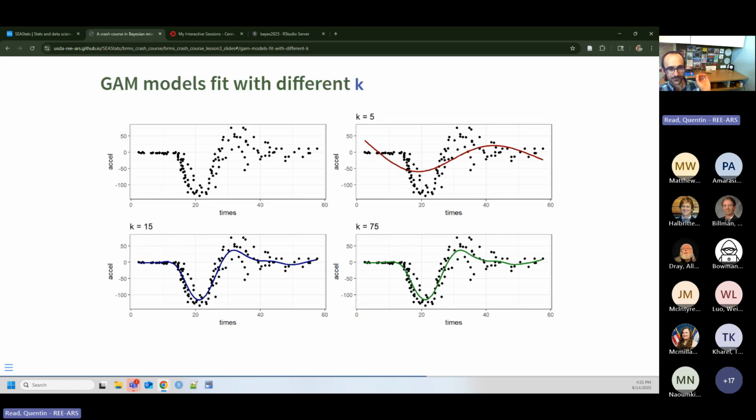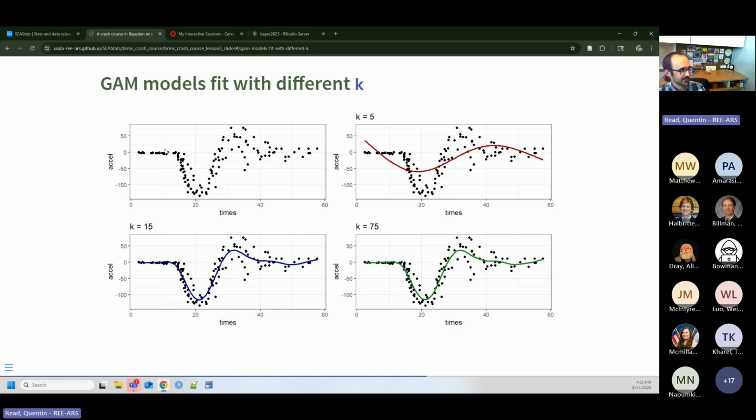There's a parameter called K, which is the basis dimension of the spline. That's basically how many squiggles the squiggly line can have. It's the maximum it could have, and then there's a regularization that goes on. So here's an example of a simple generalized additive model fit to time series data that's not linear.